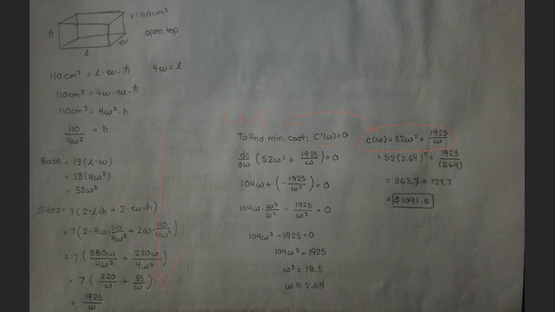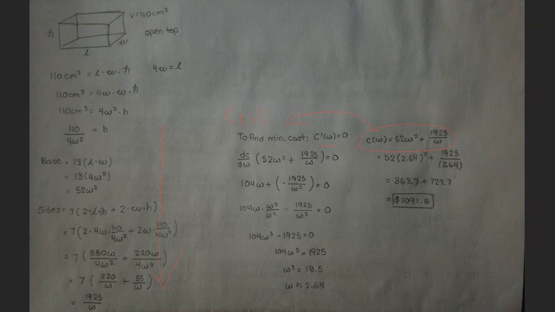As Victoria did here, she finds the cost of the base, cost of the sides, then adds them together, and gets a cost function. This cost function is in terms of width, because the length is 4 times the width, so we can eliminate the variable length.